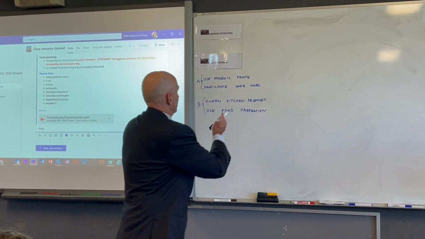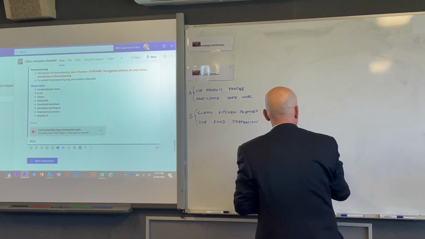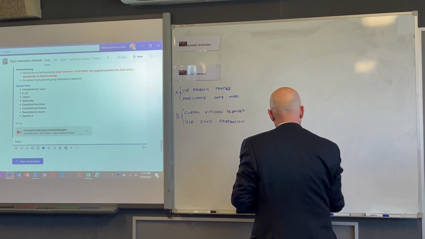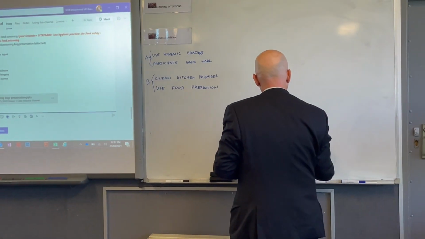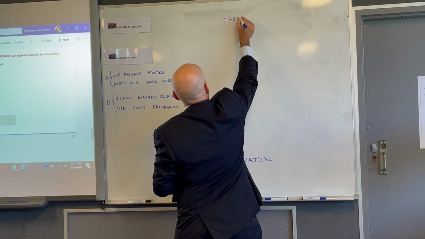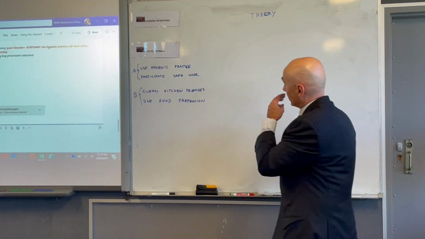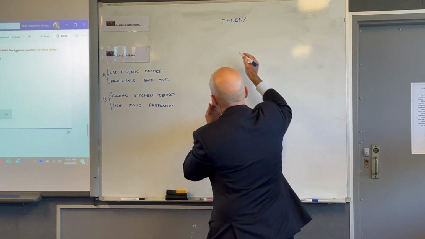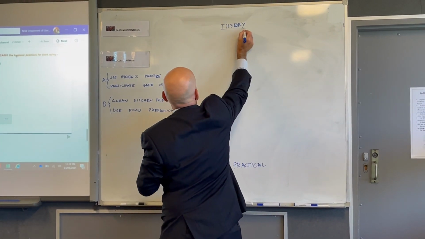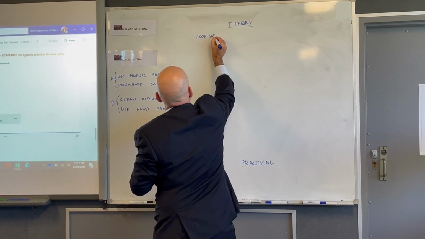Now when we start to have a look at how this works, so at one side we've got practical, all right, so a practical subject, and we've got the theory. Now as I've mentioned a few times, the practical and the theory actually meshes together. So when we actually started here with food safety, this is one aspect of that.